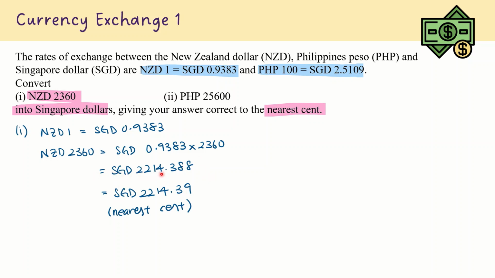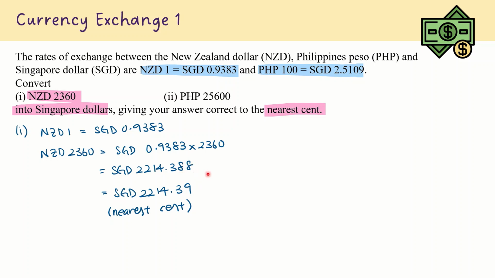I want us to take note about how I write this step. Firstly, I use an equal sign for 2214.388 because it is an exact value that I got when I take 0.9383 times 2360. Therefore I use an exact equal sign. If it is not exact, that means when I press into a calculator there are many decimal places, then usually we go with 3 decimal places or something higher.